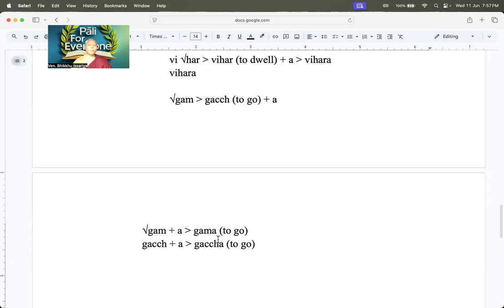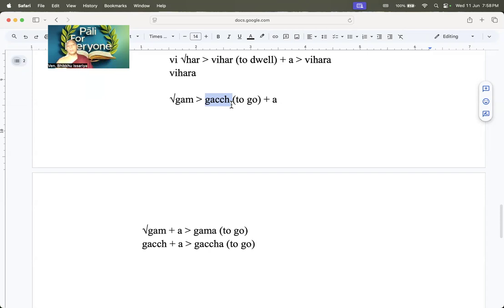Based on the primary root or secondary root, gamma and gaccha we can find. But in the present tense, gammati cannot be found. Gamma is commonly with the future tense or maybe the imperative mood, not with all tenses, not with all moods. Gaccha is in some tenses or some moods.